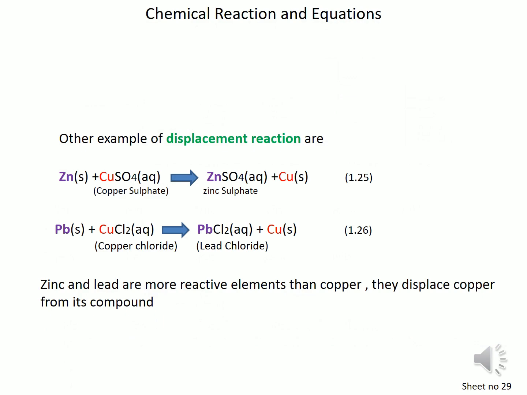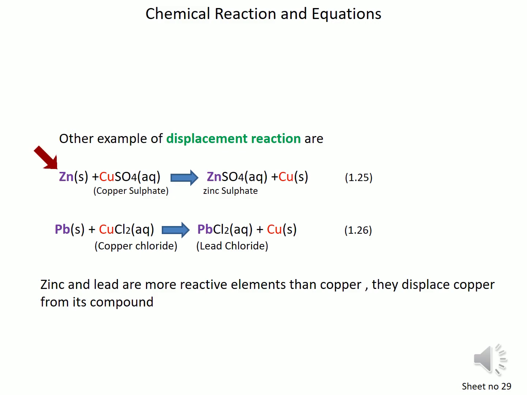Let us see another example of displacement reaction. Here Zn is interacting with CuSO4 to form zinc sulfate and Cu. This is equation 1.25. Again, carefully observe the two colors I have used: red for Cu and purple for Zn.